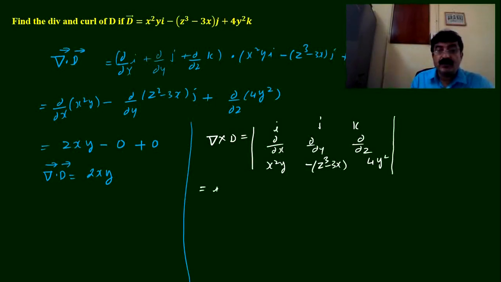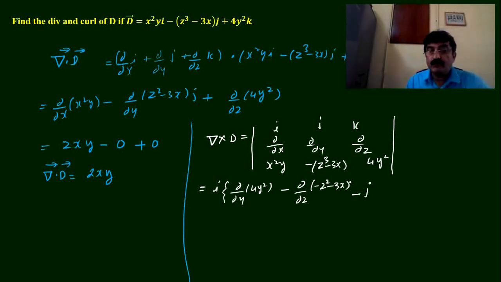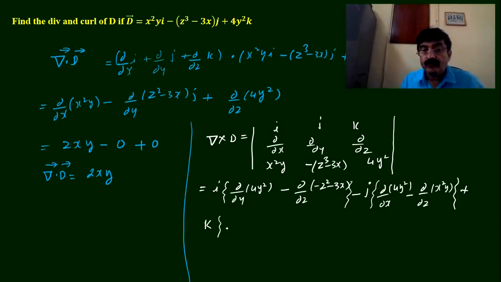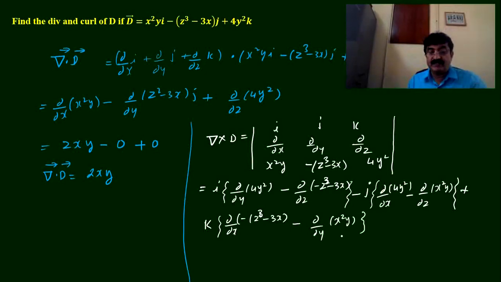Okay, that is equal to i into ∂/∂y of 4y² minus ∂/∂z of (minus z² minus 3x), minus j into ∂/∂x of 4y² minus ∂/∂z of x²y, plus k into ∂/∂x of (minus z³, this is z³, not z², z³ minus 3x) minus ∂/∂y of x²y. So this is the next step.